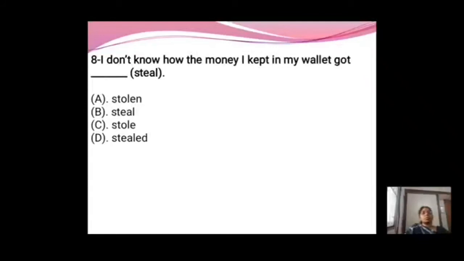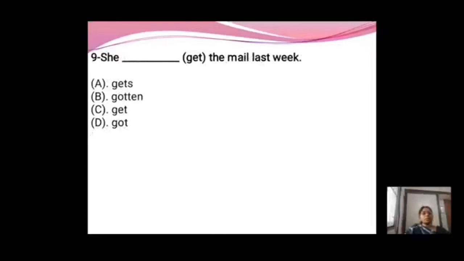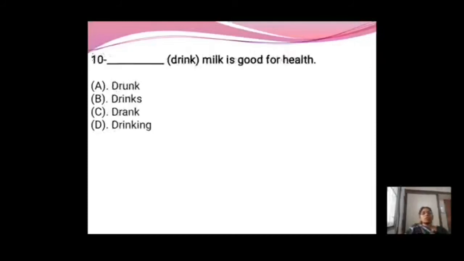So, which is the correct answer, dear? Check it out. Ninth question. She dash get the mail last week. Gets, gotten, get, got. 10th question is dash drink milk is good for health. Drunk, drinks, drank, drinking.